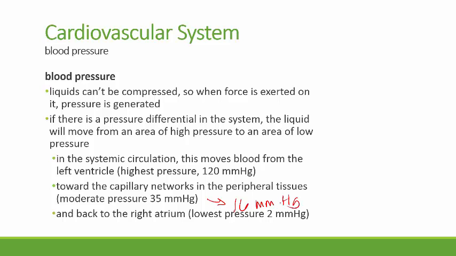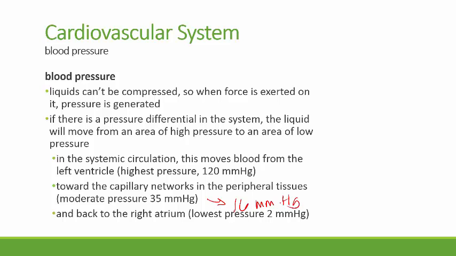And then eventually we bring the blood back to the right atrium, where we see probably the lowest pressure, about 2 millimeters of mercury. So we're constantly moving blood from where it's high blood pressure to where it's the lowest blood pressure.